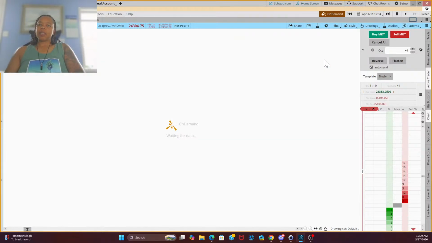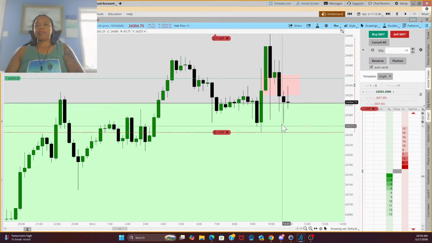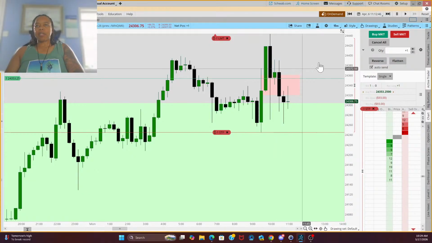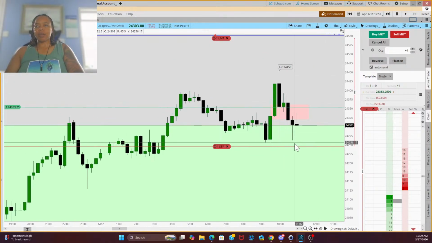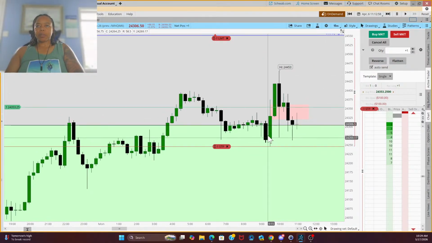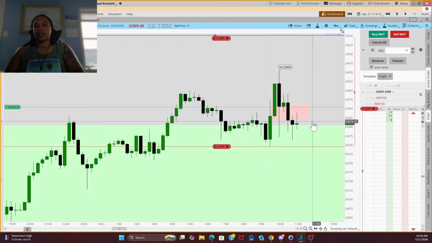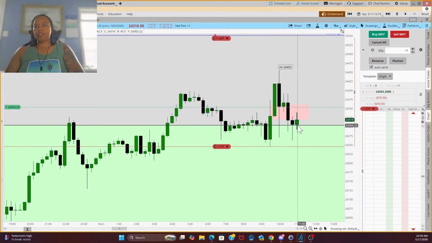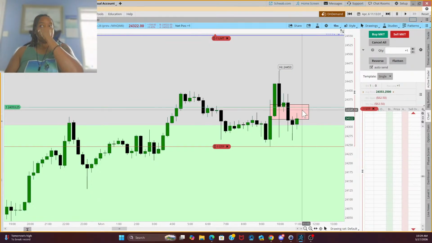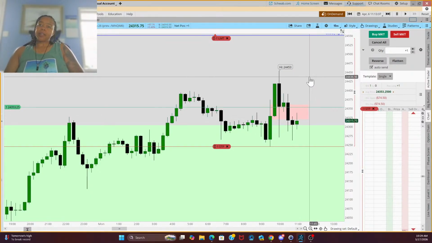So the 15-minute. So far the 15-minute has rolled back down, swept liquidity, respected the 15-minute order block here, and the big 4-hour fair value gap. Now we're just waiting to see if we can get some movement back up that way.